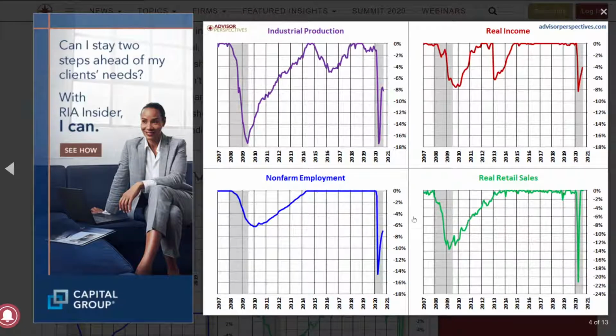Okay. So when you see unemployment at 7%, and you're seeing that real income is down 4%, and you see industrial production down 8%, and then you see retail sales back up, it doesn't mean the economy is doing great. Retail sales are very important, don't get me wrong. 70% of GDP is consumption.